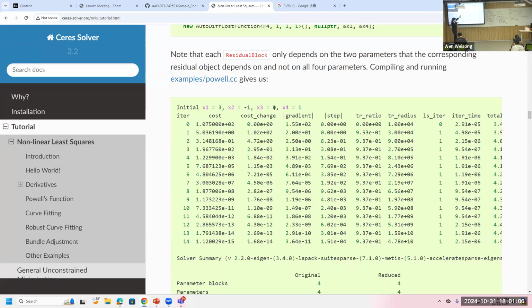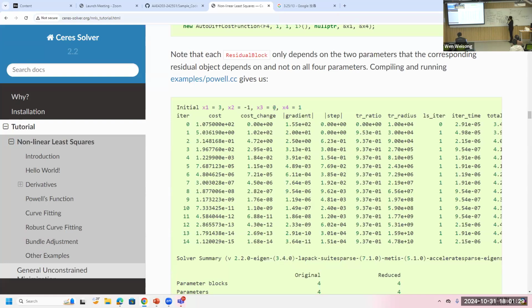Because the equation is a quadratic function, it's not complex, so 14 iterations is good enough. You see the cost, the cost means this summation. So this is the cost.